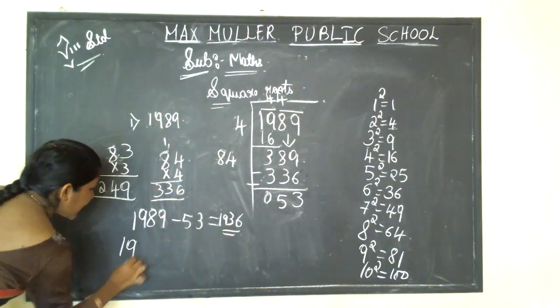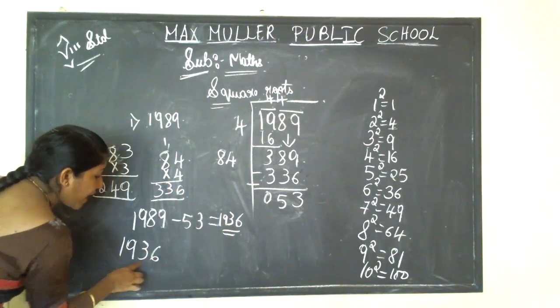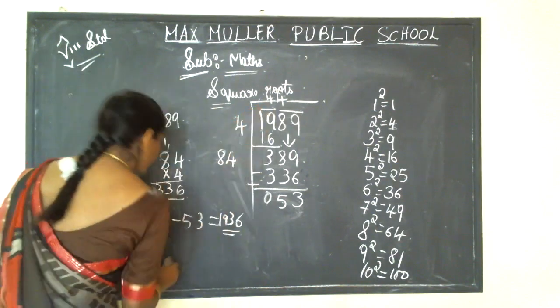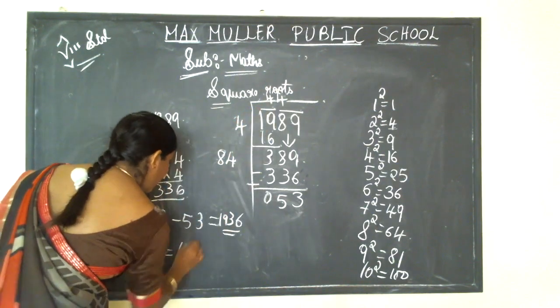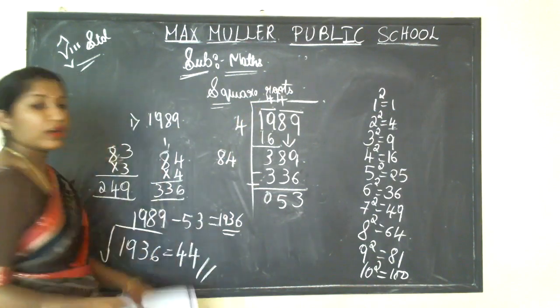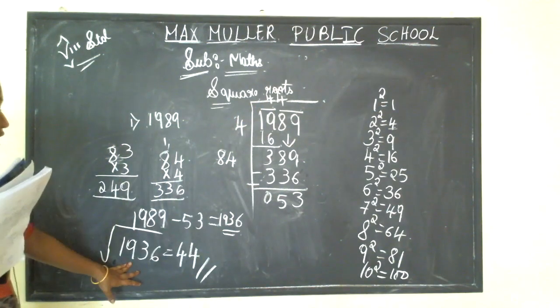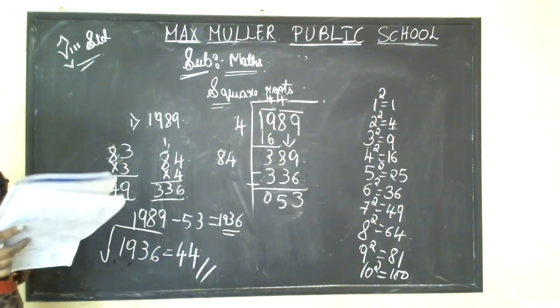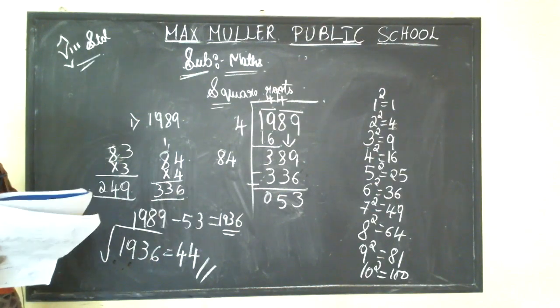So 1936. For 1936, how much? 44 will be the square number. The square root of 1936 will be 44.